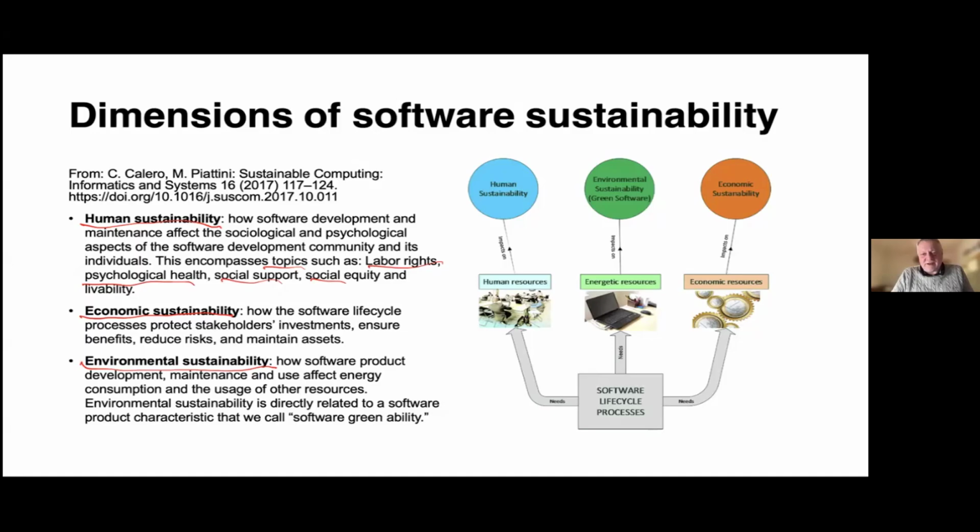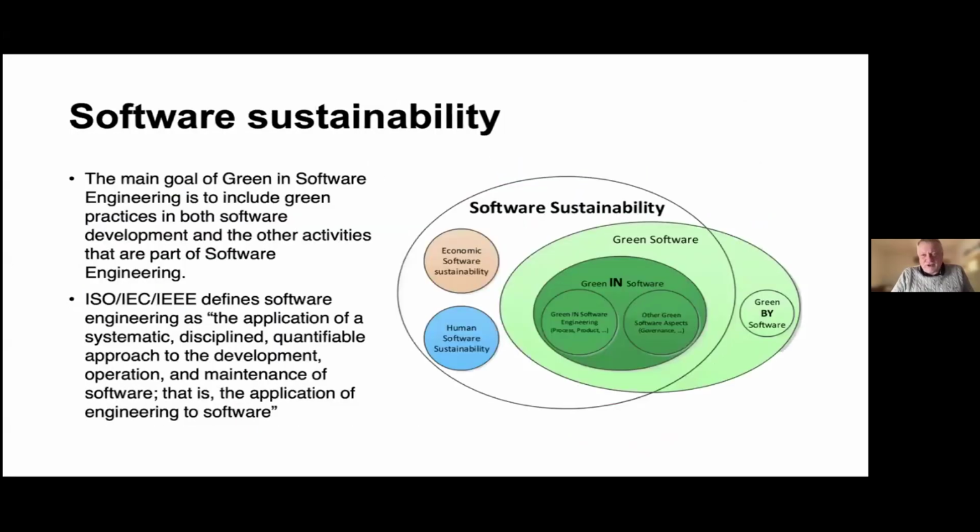So these are basically the dimensions of software sustainability. And of course, a software lifecycle process has to consider these dimensions.